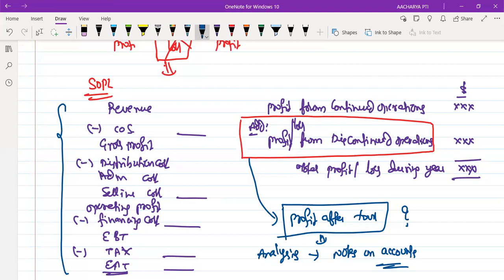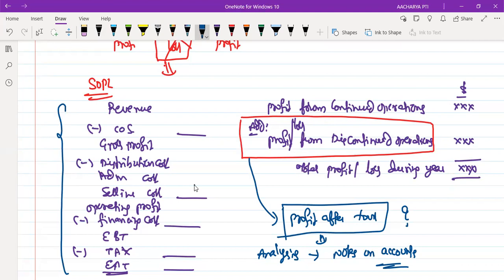But the analysis relating to the calculation of profit or loss from the discontinued operation is required to be provided separately in the notes on accounts. Clear? So in this standard, IFRS 5, we discuss two things.